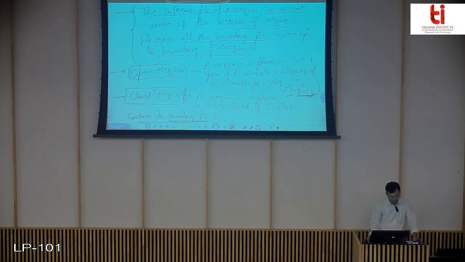For an example, you can write x square plus y square is less than or equal to 1. So closed region, here you can see in the inequality you have also the equality sign. That means it is including the boundary points also. So in that case we say the region is your closed region. Now whatever surface we have plotted here will also include the boundary.